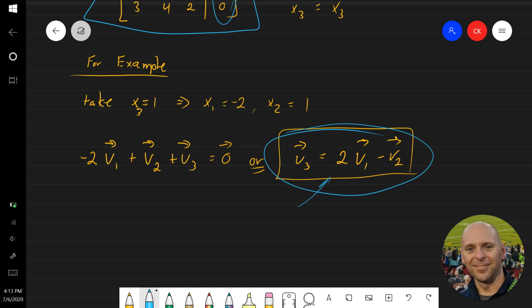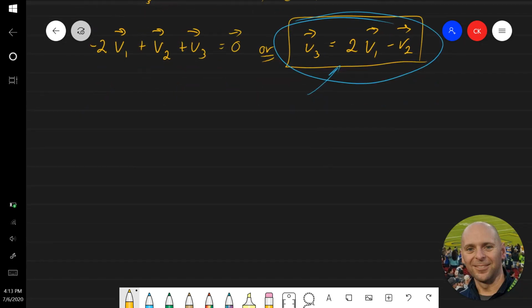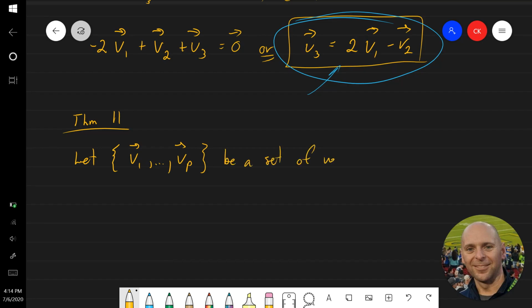Sometimes we can classify a set of vectors as linearly dependent without solving the homogeneous system. And there is a theorem here that we'll draw on that will help us with that. So let's just look at that. This is going to be theorem 11 in your text. So let's let V1 to VP be a set of vectors in Rm, so the m-dimensional space.